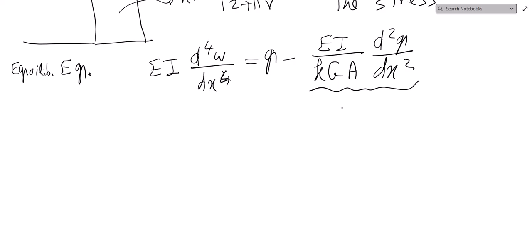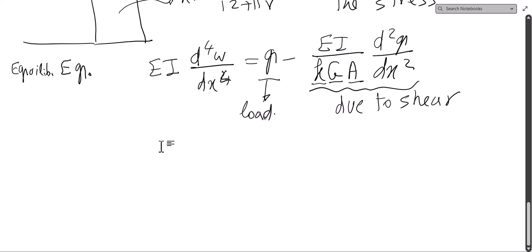This is due to shear deformation, because this is the fudge factor that I described. This is the shear modulus of elasticity. This is the cross section, and we know the rest of this. This is load.